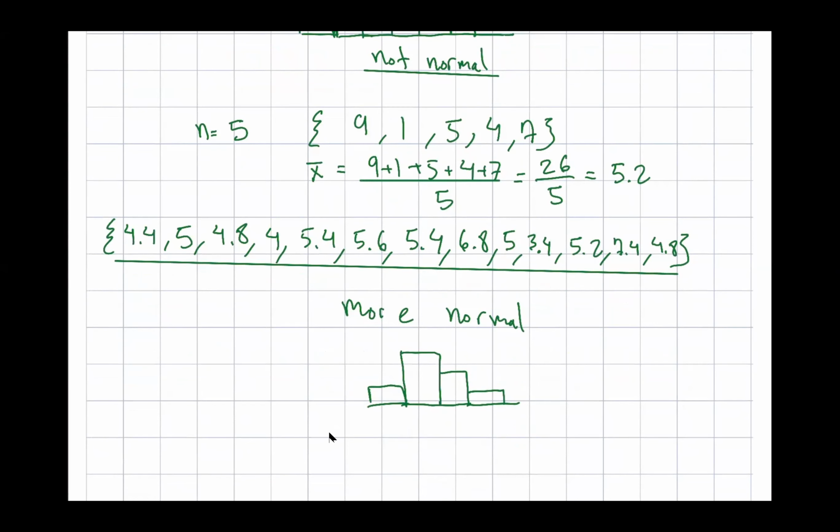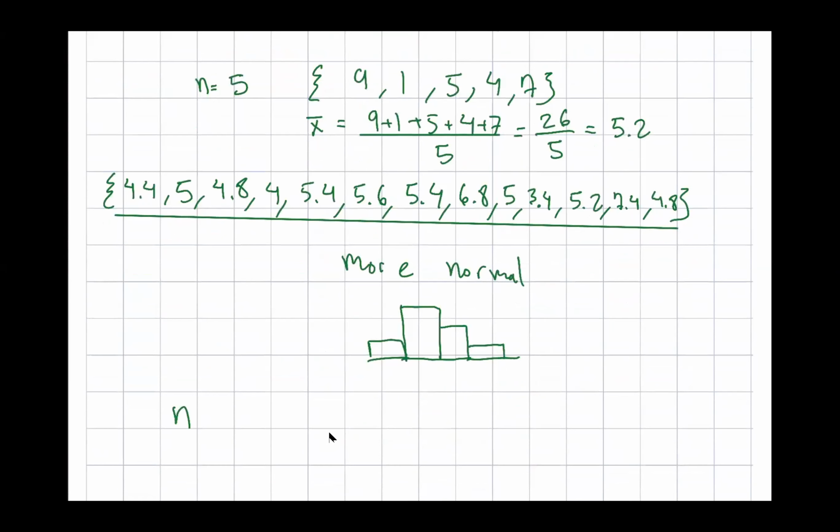What do you think will happen if I do a sample size of 30? Do you think it will become a little bit more symmetric, or less symmetric? Yeah, so we get a sample size of 30, and then we take the average of those 30. So it should become more normal.